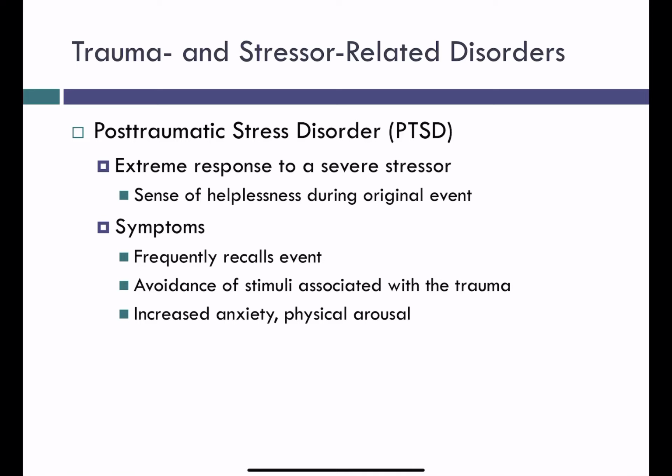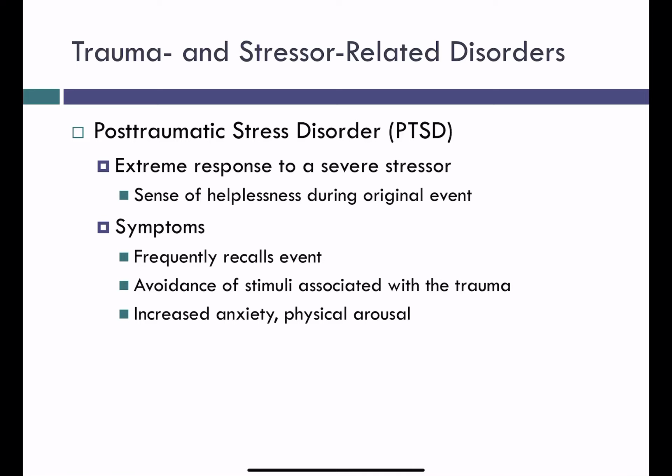I mean, this is way outside of the realm of people's typical experiences, but often it involves a sense of helplessness during the original event. And symptoms involve intrusive and frequent unwanted recalling of the event that interferes with normal thoughts. People avoid the stimuli associated with the trauma. And again, this is to the extent that it interferes with their life, and increased anxiety and emotional responses.